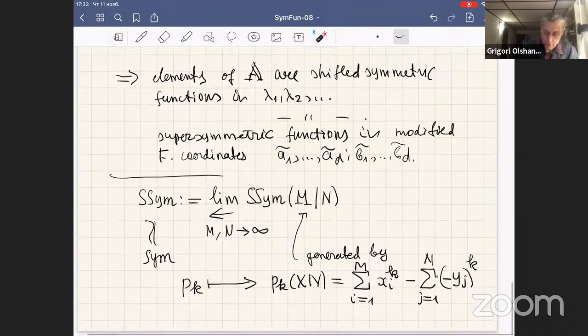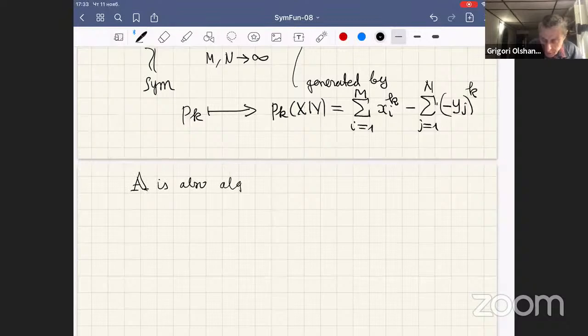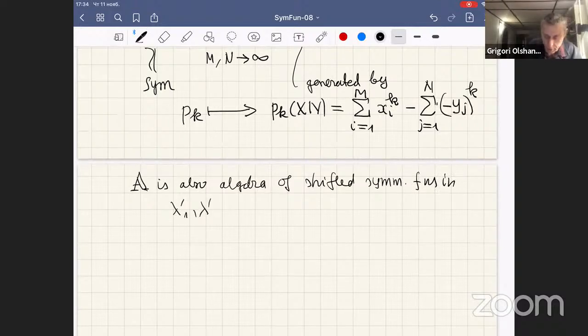And the next remark is that our A is also the algebra of shifted symmetric functions, again shifted symmetric functions in the coordinates, in the column coordinates.